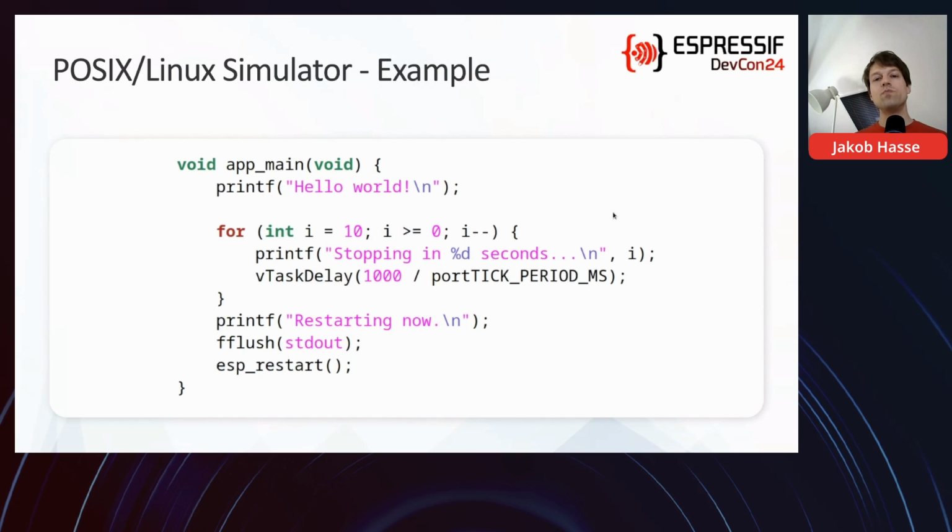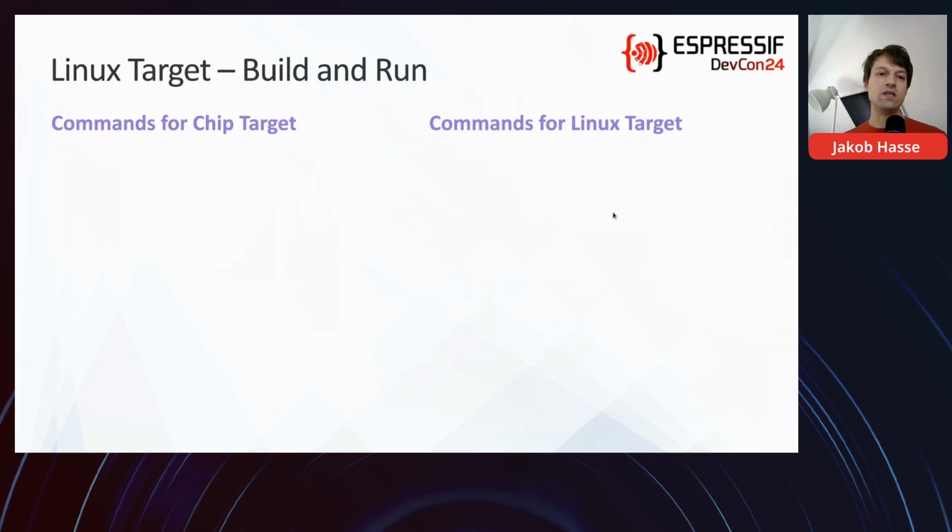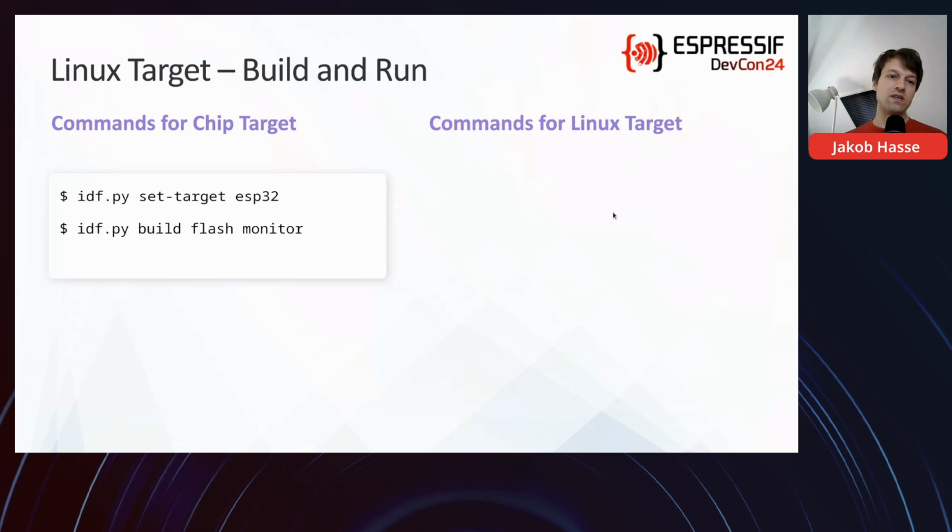So when we want to build and run code on an ESP32 series chip, we usually do something like this. You might be familiar with this. It's idf.py set-target, and set it to esp32 in this case. It will set the target. Then you call idf.py build flash monitor, and the application will be built, flashed, and monitored.